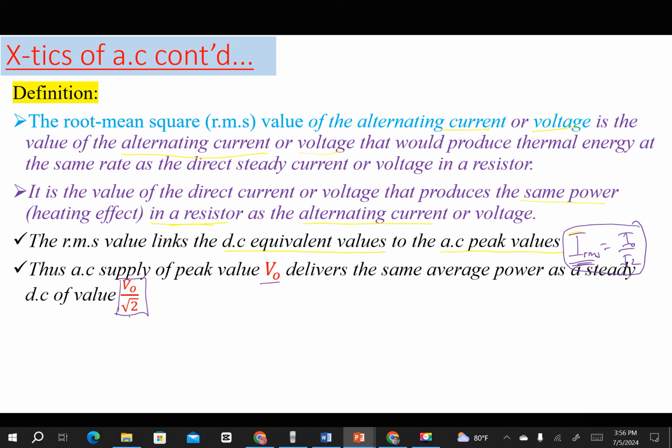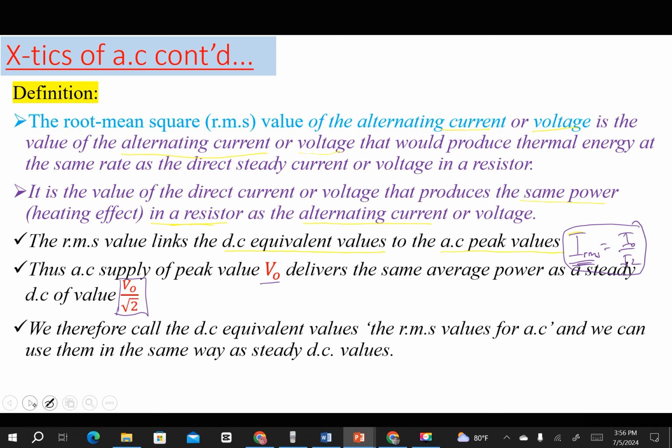If the power supply has a peak of V naught, it will only deliver the same power as the direct voltage whose value is V naught over root 2. So this is, of course, the root mean square voltage. We therefore call the DC equivalent values the root mean square values for AC.